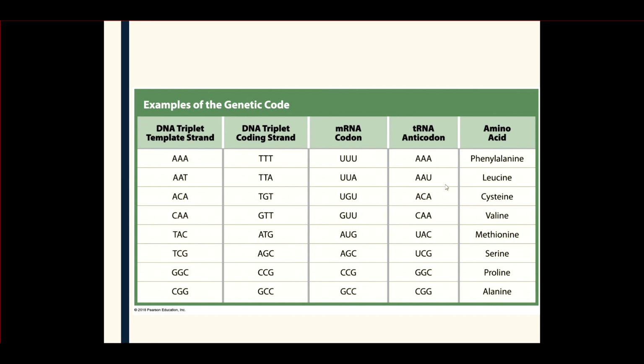AAT is the triplet code for leucine. ACA for cysteine. CCAA for valine. I don't want you to memorize these or anything like that. I just wanted to give you an idea that the triplet is determining what amino acid is going to be put into place, right? It's going to determine the sequence of the amino acids.